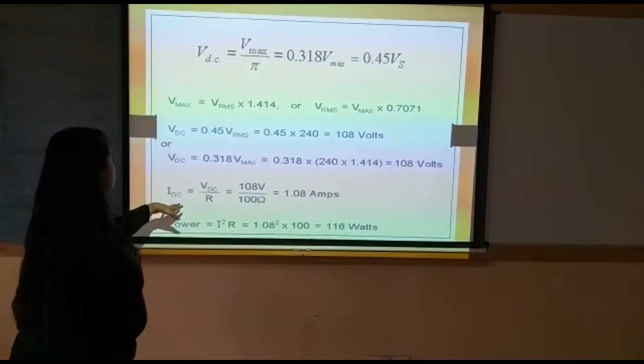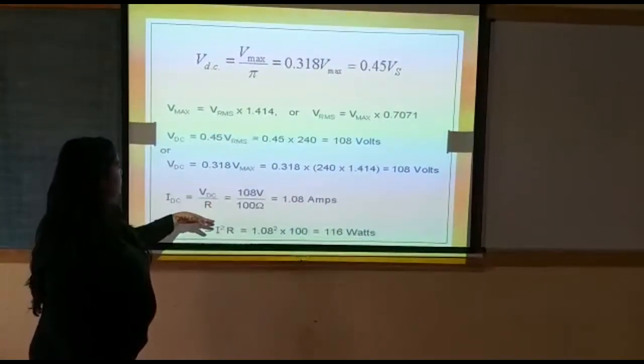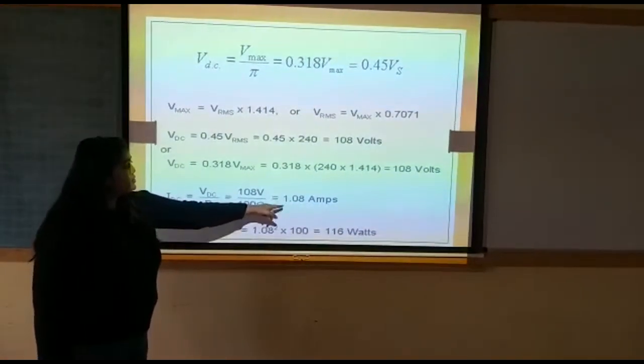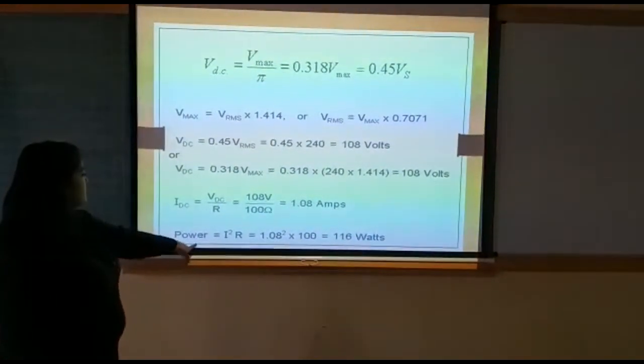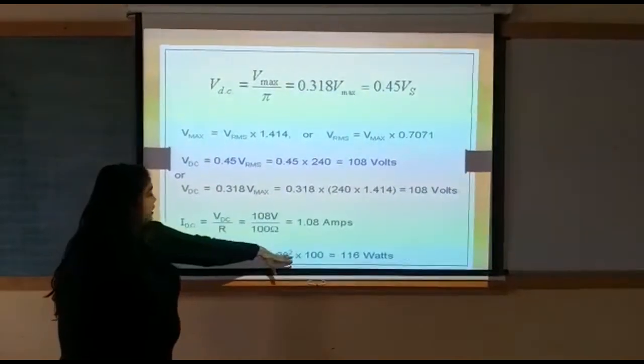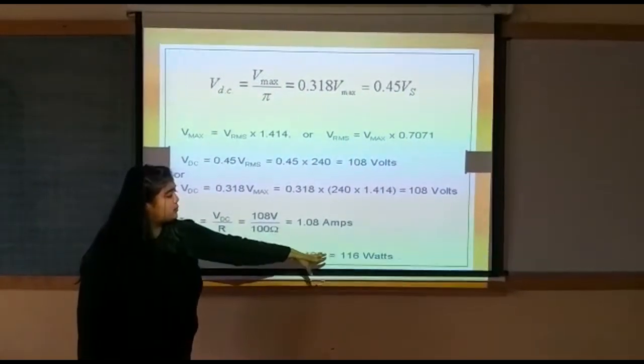Now IDC will be equal to VDC by R, that is 108 by 100, which will be equal to 1.08 amps. And power is equal to I squared R. We'll put the value of IDC over here, times 100, that will be equal to 116.1.